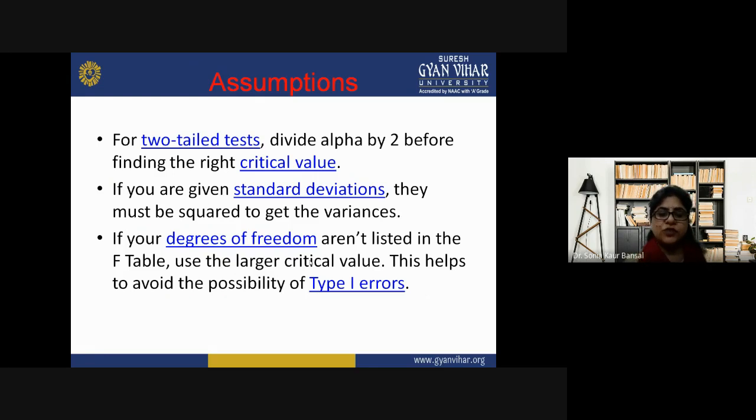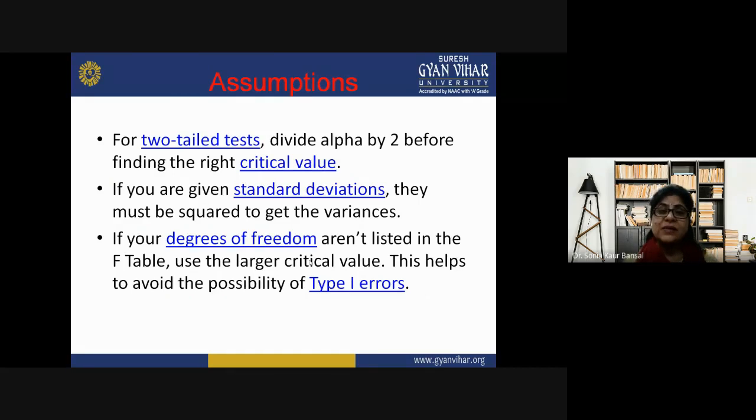So these are assumptions that as a student or an investigator, you must find out. If you are given standard deviations, they must be squared to get the variances. You must square your standard deviation to get the variances. Only then will you be able to find the significant difference of your groups through the F-test.